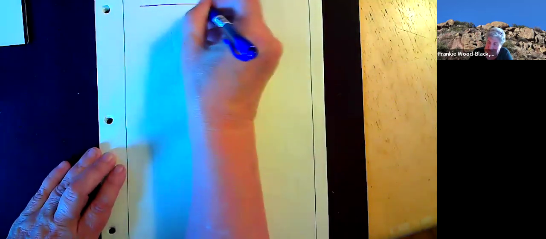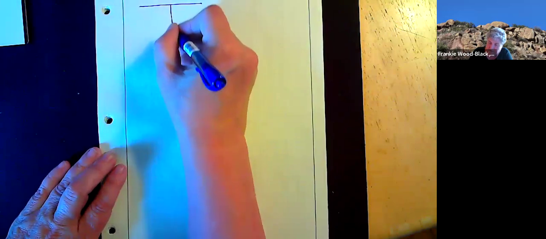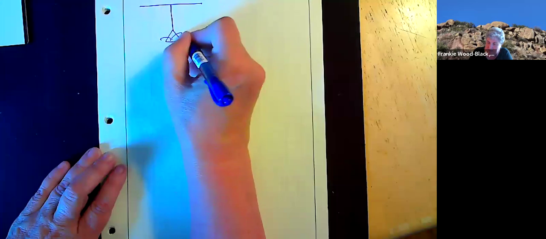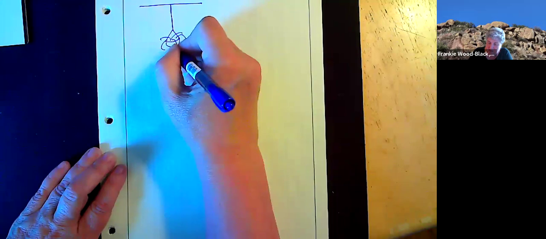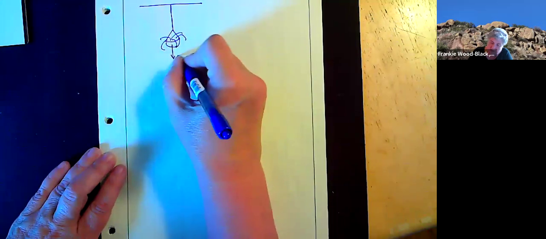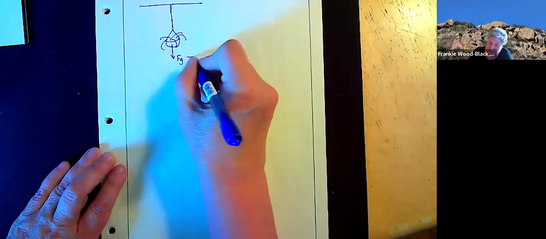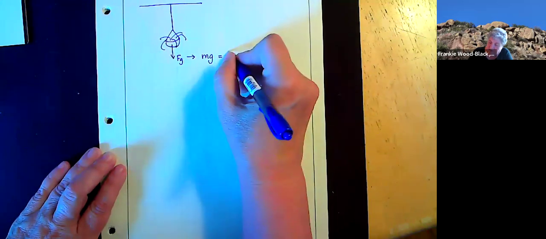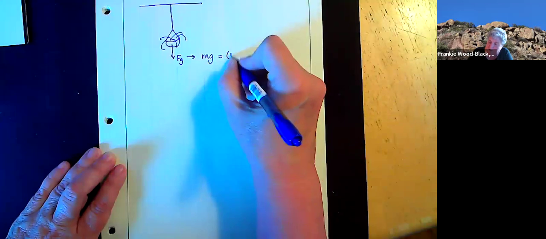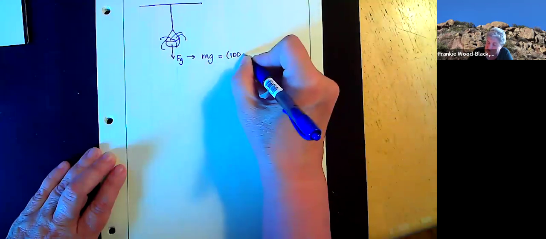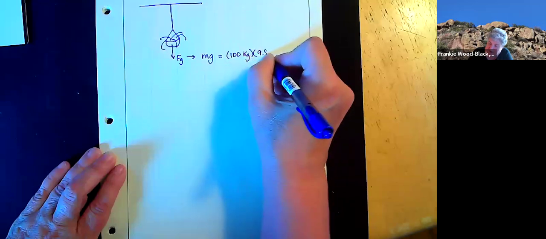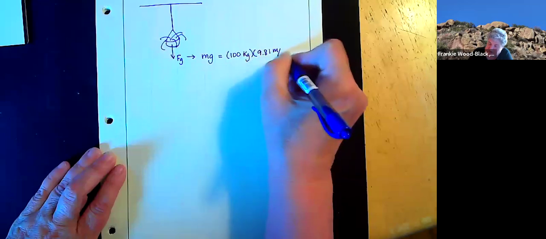So I have an object that's hanging from a string. We're going to make it a house plant here. I've got the force due to gravity being applied, and we're going to say that it has a mass times gravity. We're going to say that this has a mass of 100 kilograms times gravity, 9.81 meters per second squared.